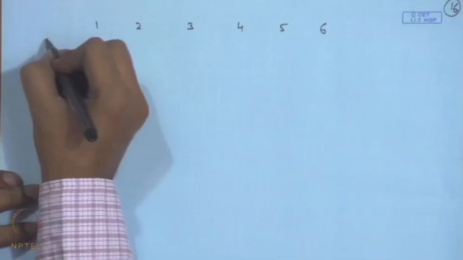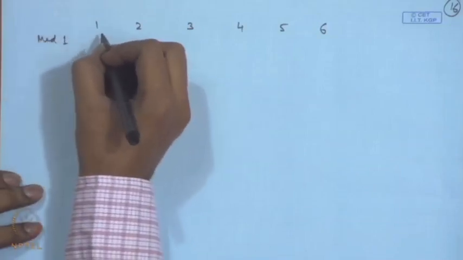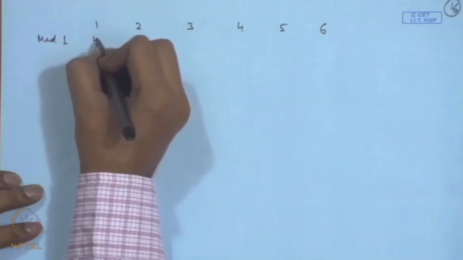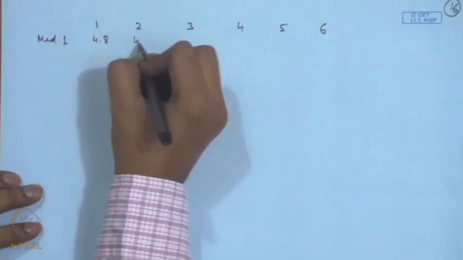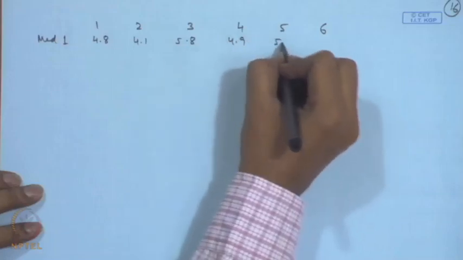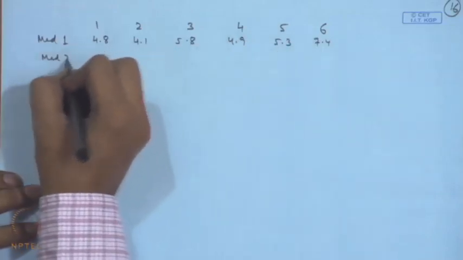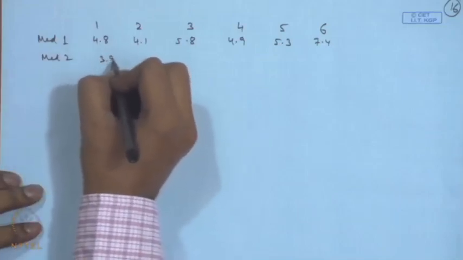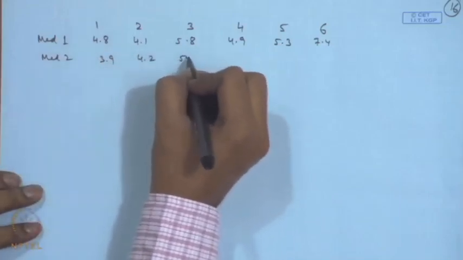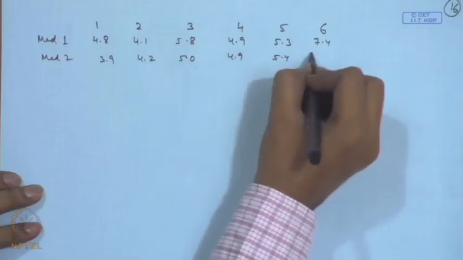By giving the first medicine, we observe how much sleep they are getting: 4.8, 4.1, 5.8, 4.9, 5.3, 7.4. Suppose the sleep is recorded in hours. By giving medicine 2: 3.9, 4.2, 5.0, 4.9, 5.4, 7.1.